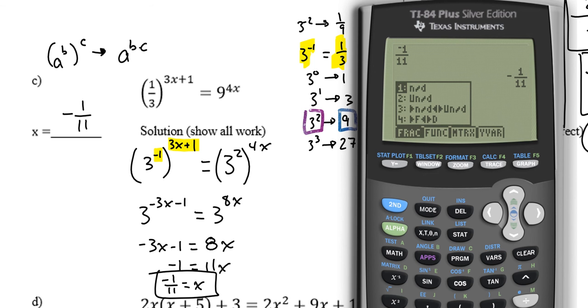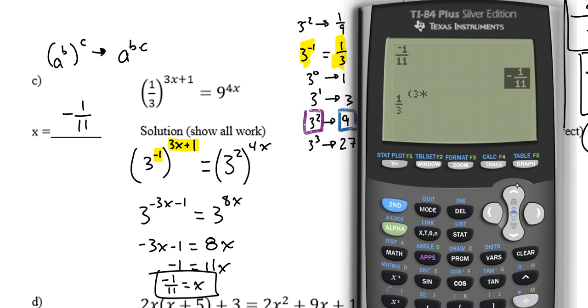This fraction is 1 over 3, and I'm going to raise that to the power of, and I guess I'll use some parentheses here, 3 times, now I need to go get that fraction, so here it is.